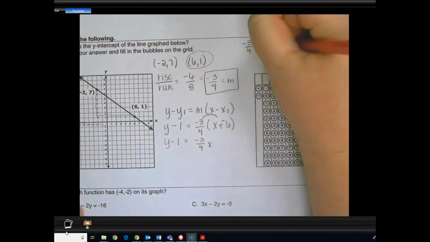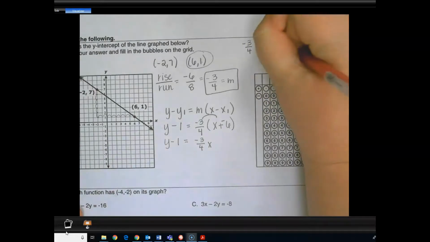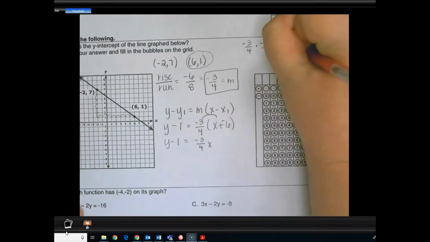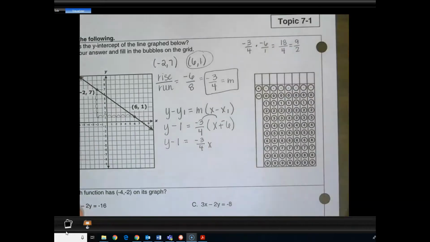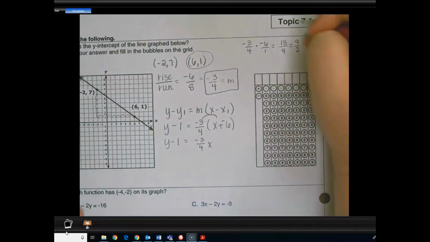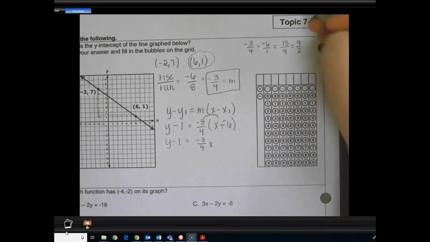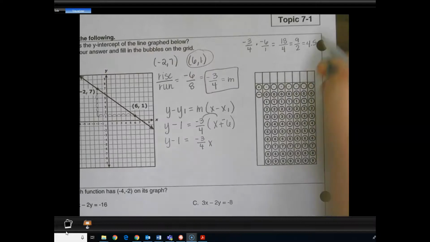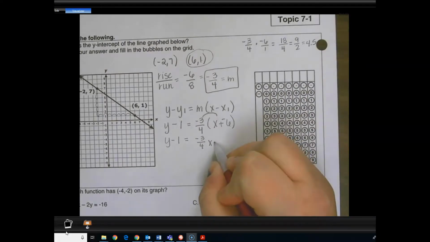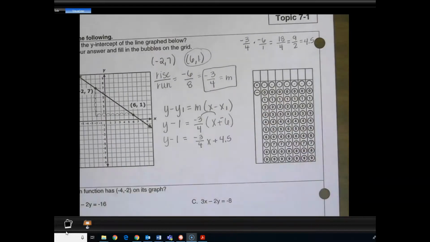Negative times negative is going to be positive, so 3 times 6 is 18. 18 divided by 4, I can keep as 9/2. But since I can see I'm going to have to graph, I'm going to go ahead and change it. So 9/2 is going to be 4.5. So plus 4.5, because that negative times that negative made it a positive.